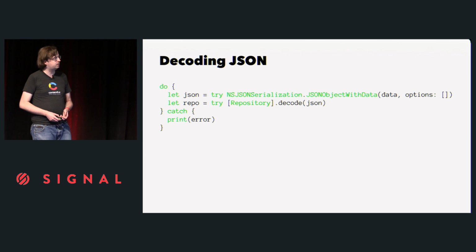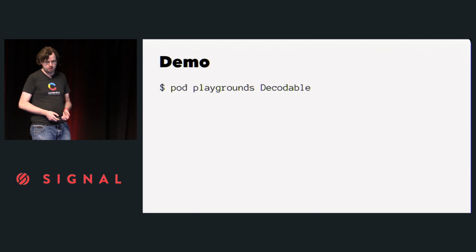It uses the Swift 2 error handling to bubble up any errors that might occur when constructing something. Basically, you take your data from your API request, you put it into NSJSONSerialization, and then you decode it with your custom implementation.